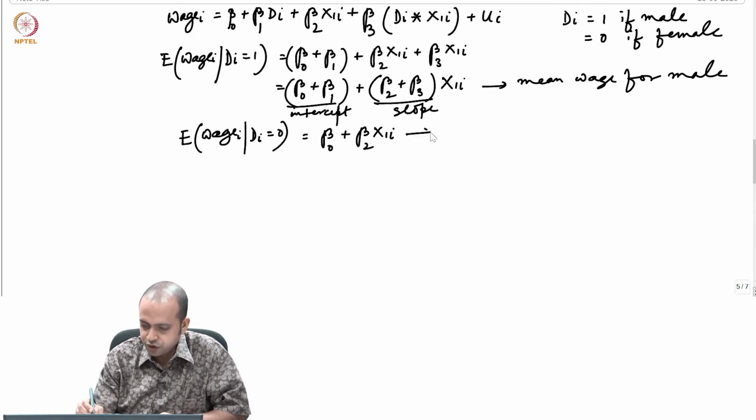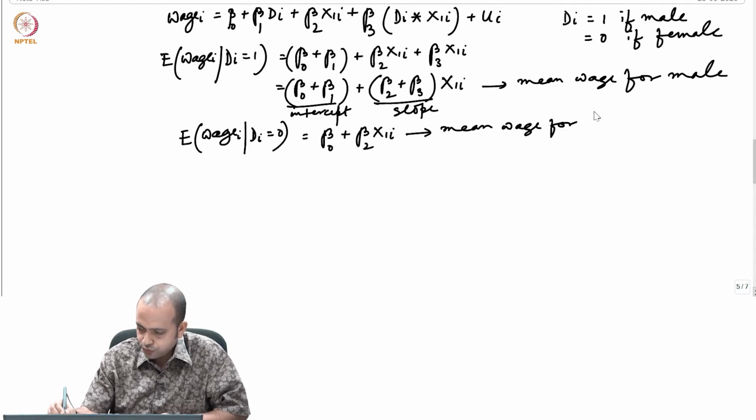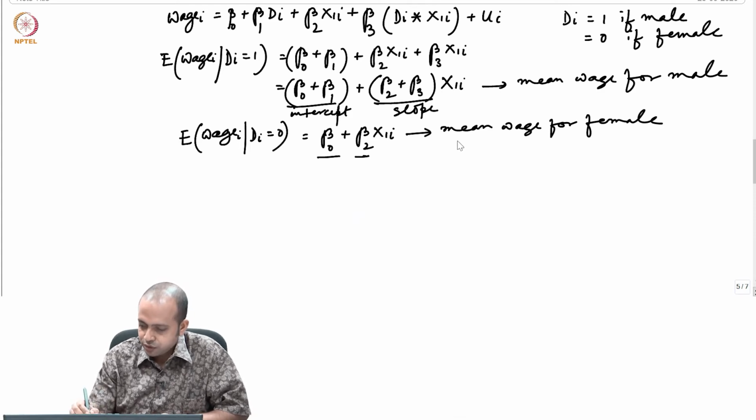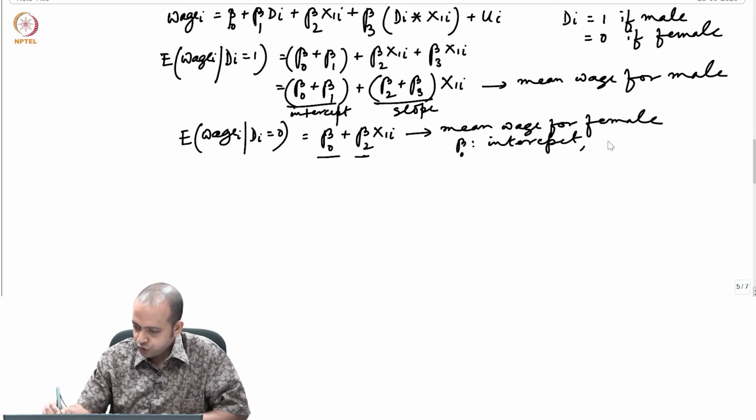So, this is beta 0 plus beta 2 x_i, this is the mean wage for the female category. And what is the intercept? This is the intercept and this is the slope. Okay? So, that means beta 0 is the intercept and beta 2 is the slope. Okay?